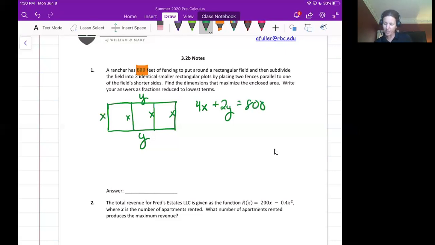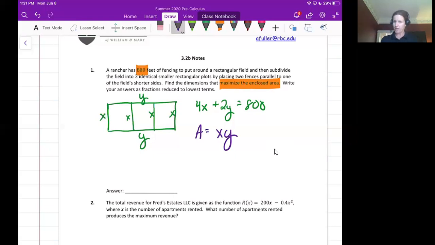But what we want to know is the maximum area. Anytime you see the term maximum or minimum, you're going to use some type of quadratic here. Well, the area of this figure is going to be x times y, and we want to maximize that area.